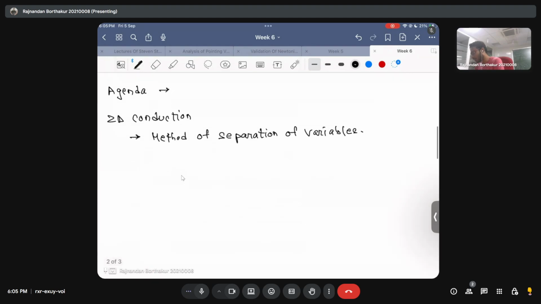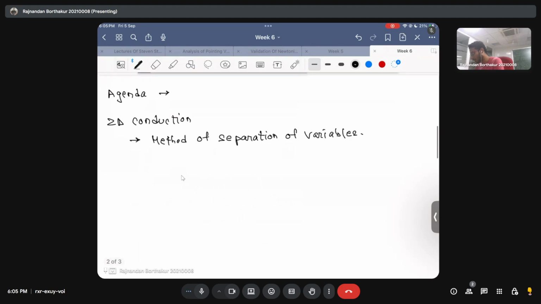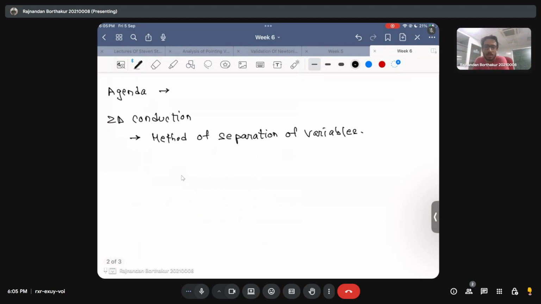So as I said, we will look into the concepts of two-dimensional heat conduction, and in particular we will be solving problems using an analytical tool known as the method of separation of variables.